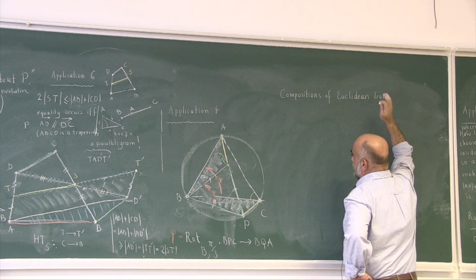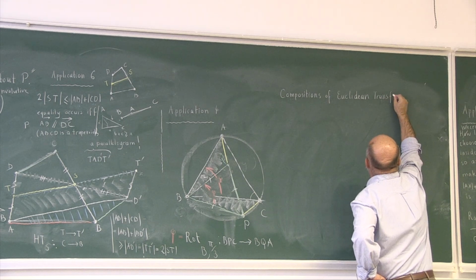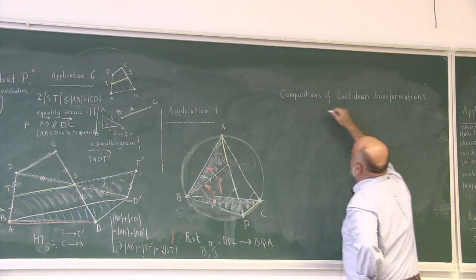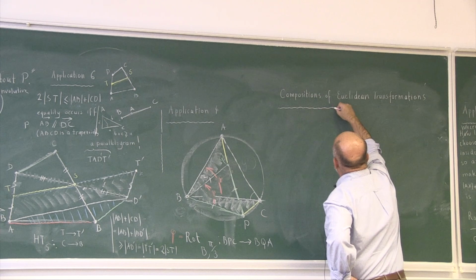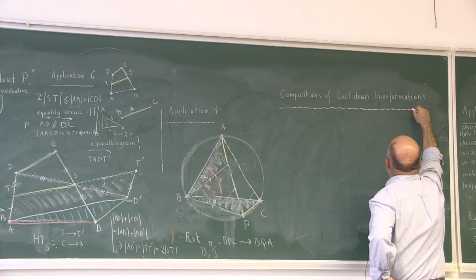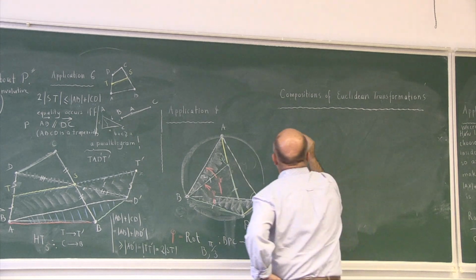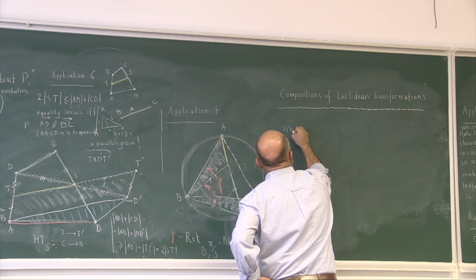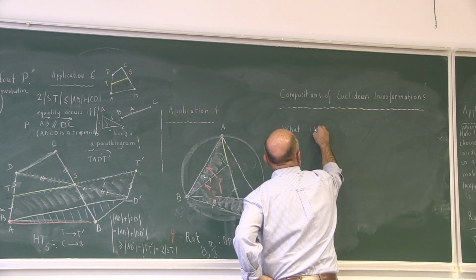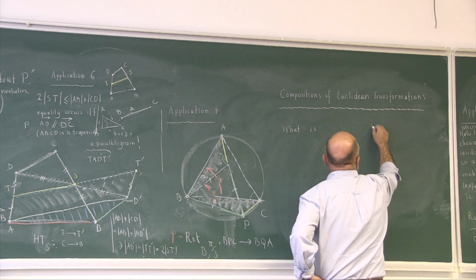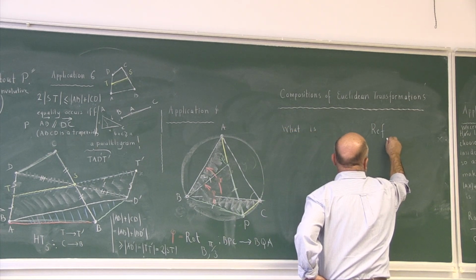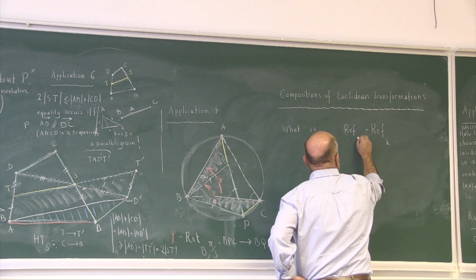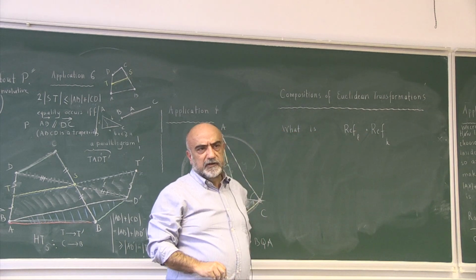Let me ask one question and answer it, then we can call it a day. I shall continue this on Monday. Let's ask, for instance, the following question. Very simply, if you take a reflection in some line K, and if you follow it by yet another reflection in L, what happens exactly?